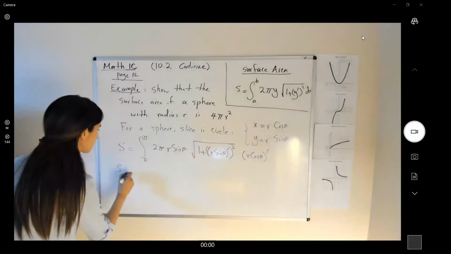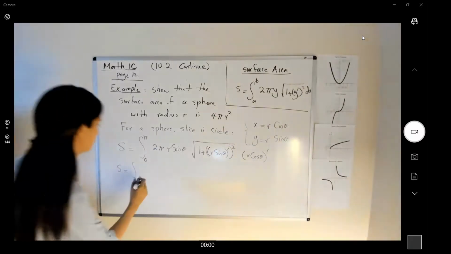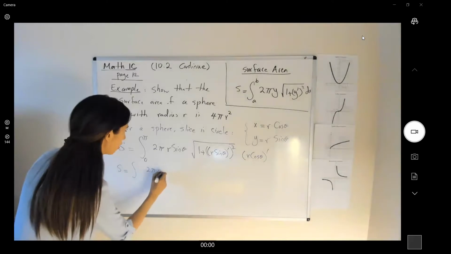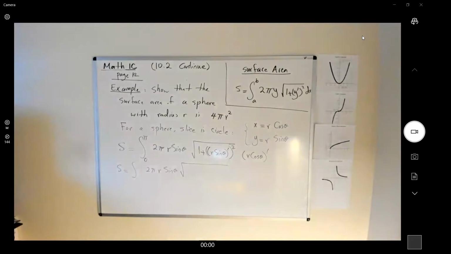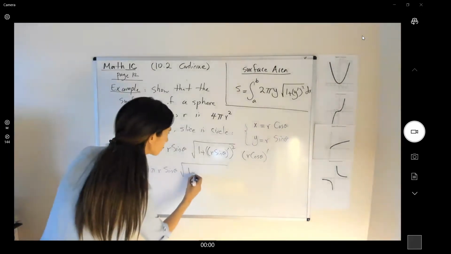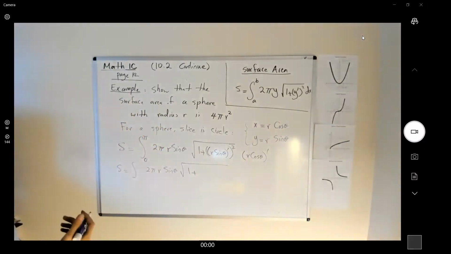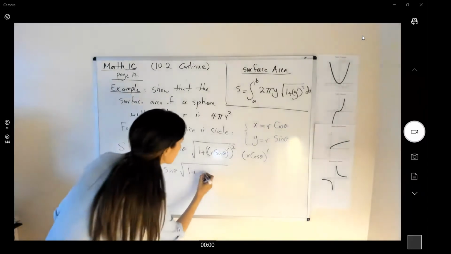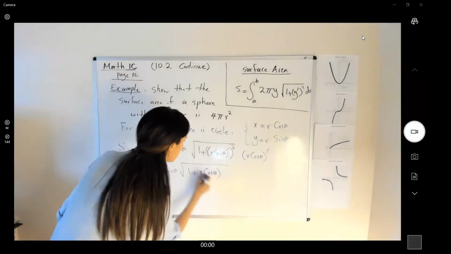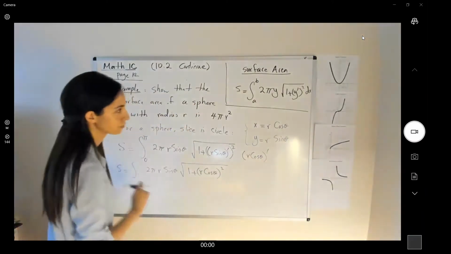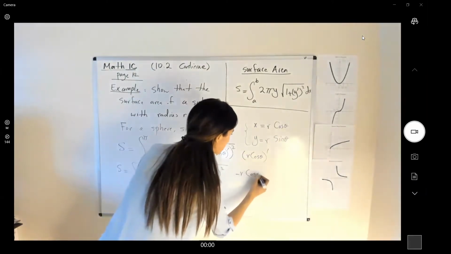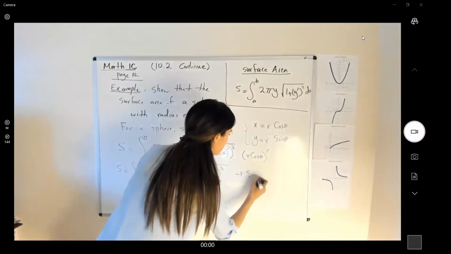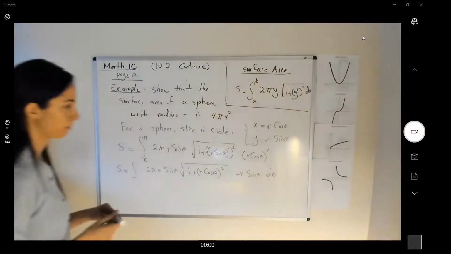So S is equal to the integral of 2 pi r sine theta square root of 1 plus r cosine theta squared times the derivative of r sine theta, which is negative r sine theta, times d theta.